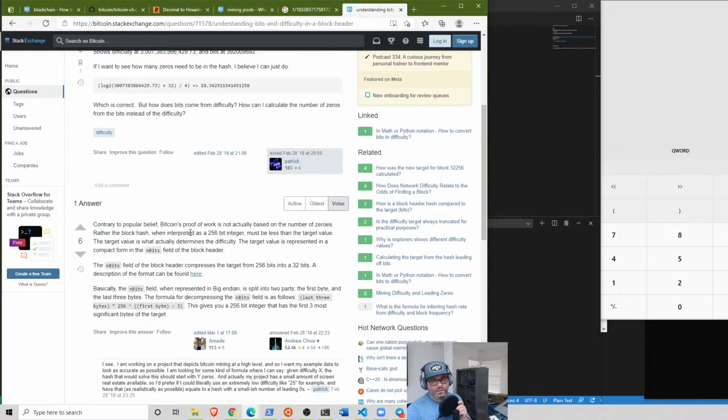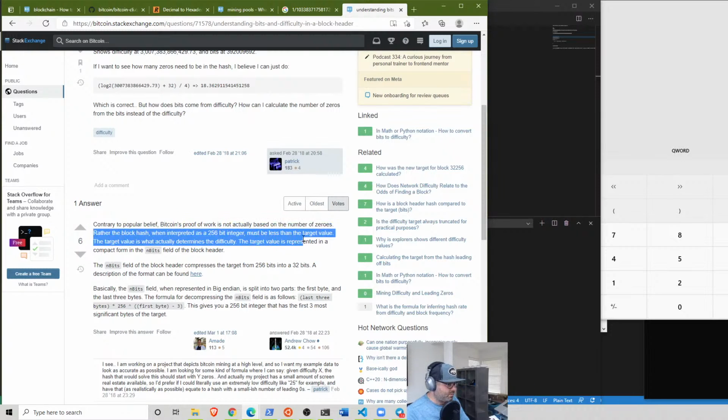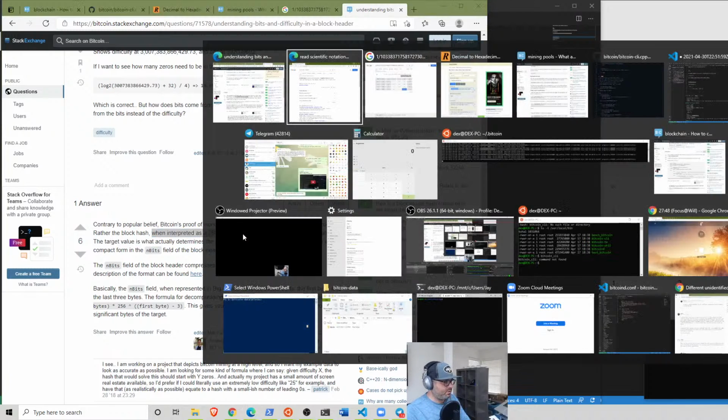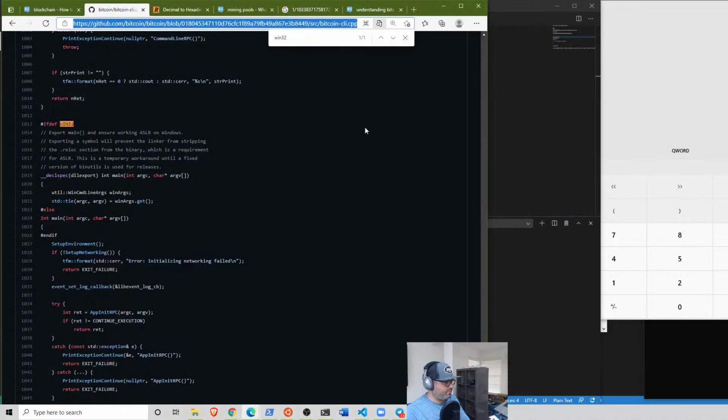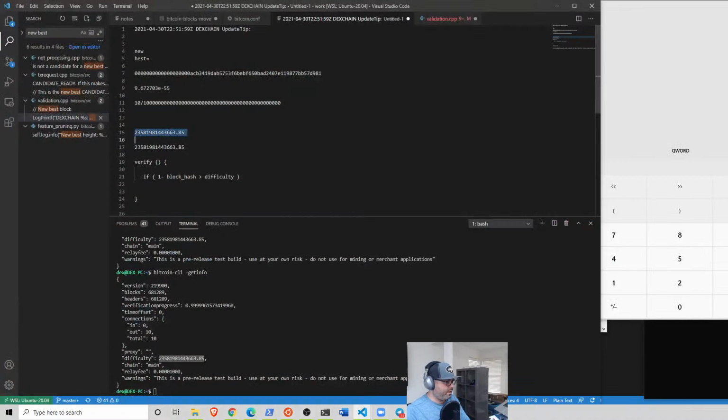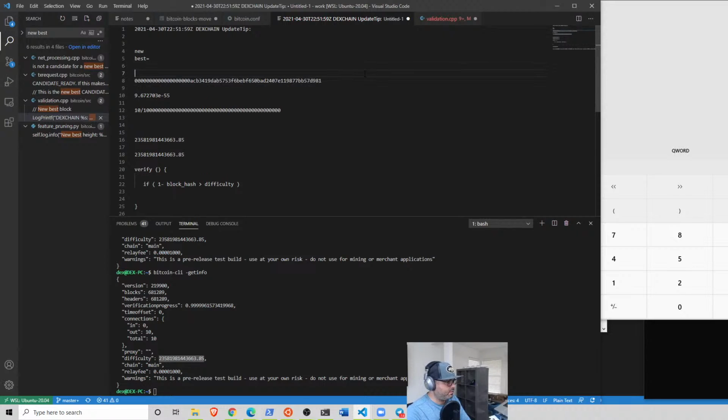Contrary to popular belief, this is what I know, this is what I believe, so my belief is not popular. Thank you very much. Contrary to popular belief, Bitcoin's proof of work is not actually based on the leading number of zeros. Of course it's not. Rather, the block hash, when interpreted as a 256-bit integer, must be less than the target value. Okay, so we have the block hash. I mean, don't get too excited. We don't have any answers here, but we know this. Step 1, get the block hash.